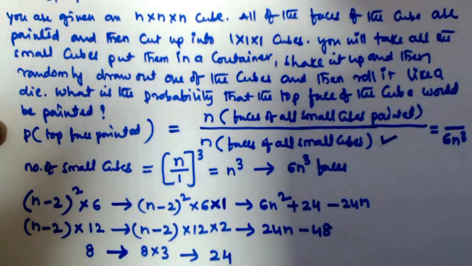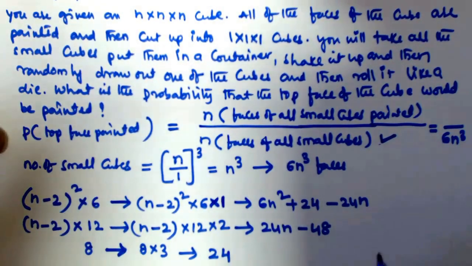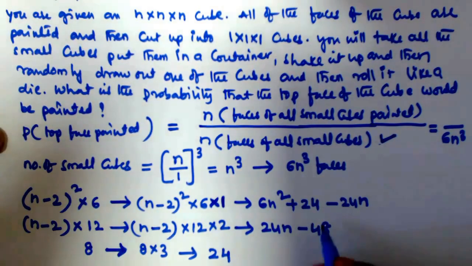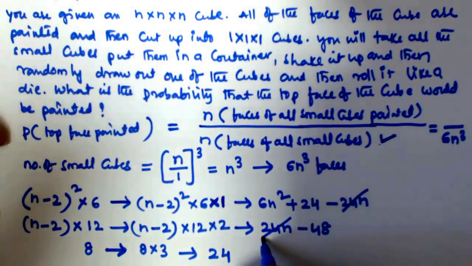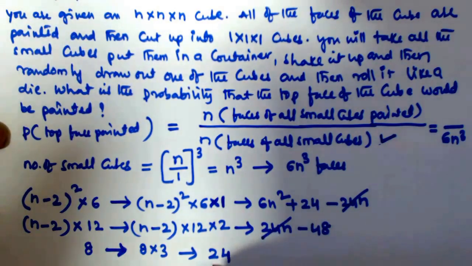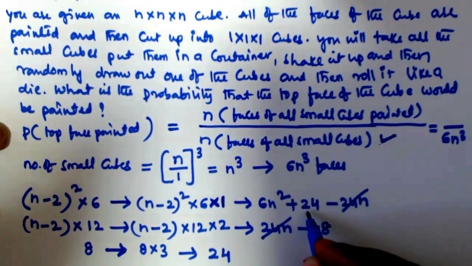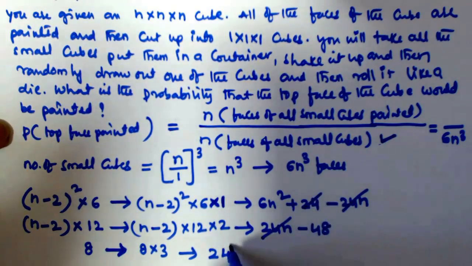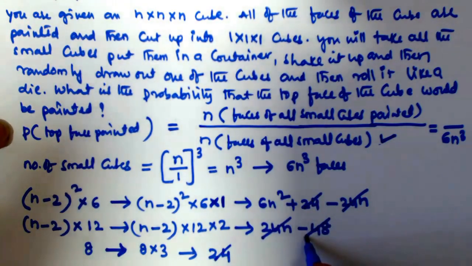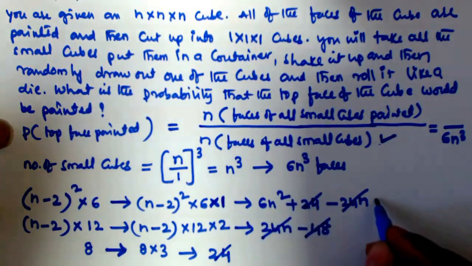To get all the painted sides, we need to add these three values. Here we have minus 24n and here we have 24n, and these two are cancelled. Here we have plus 24 and here also plus 24, and we have minus 48, so let's cancel 24, 24 and this 48. So we are left with 6n square.